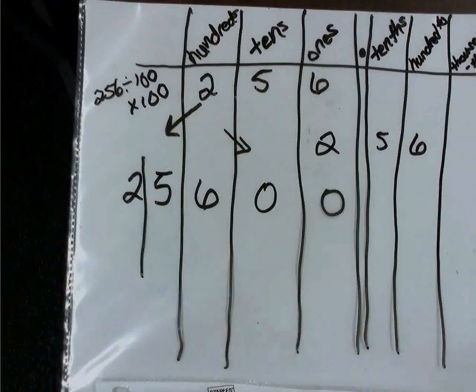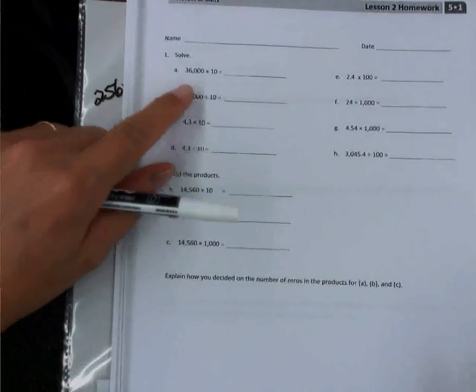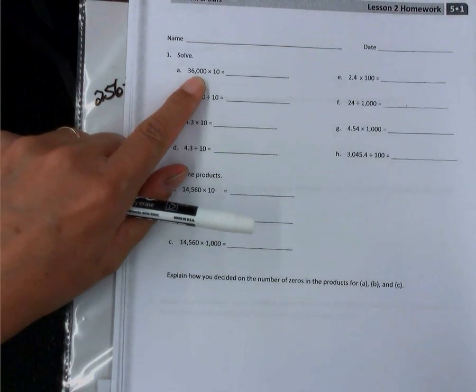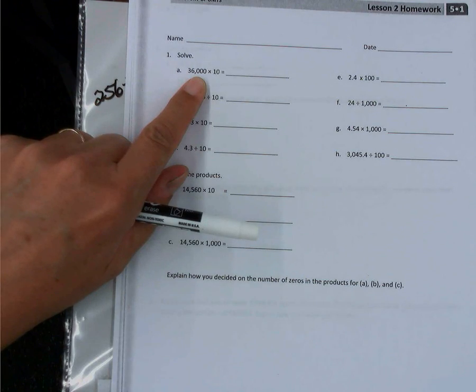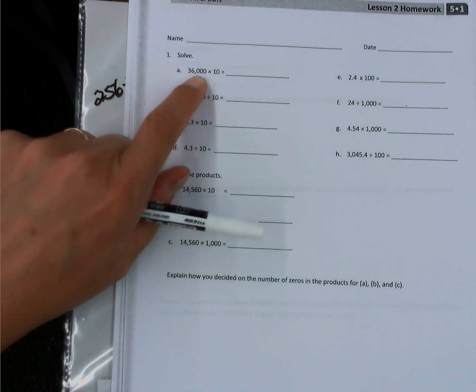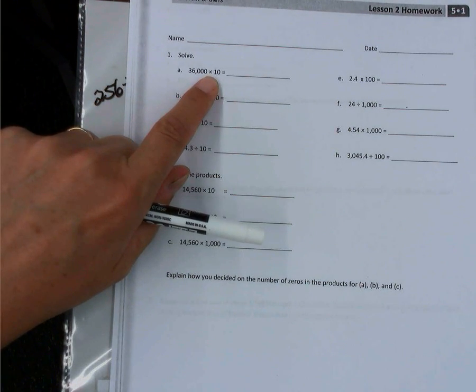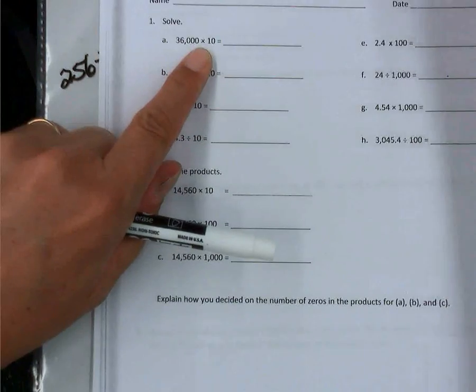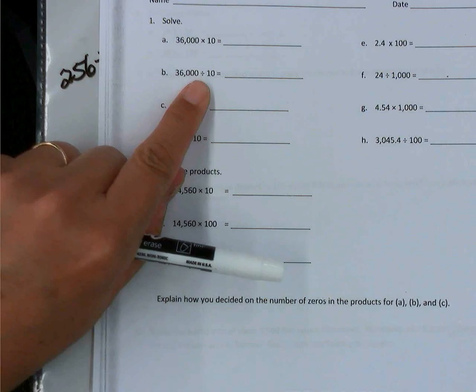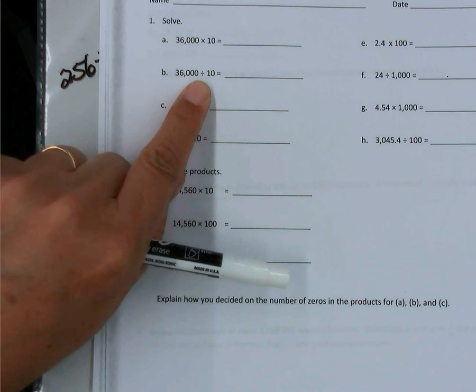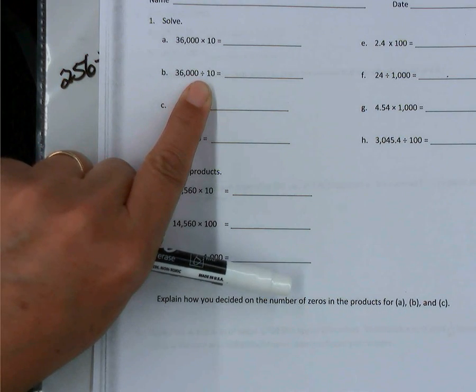With that, I'm going to show you a couple of other ones. So this one, if we asked you, is this number going to get bigger or smaller? It's 36,000. You're multiplying. On this one right here, it's the exact same numbers, 36,000. This time you're dividing.